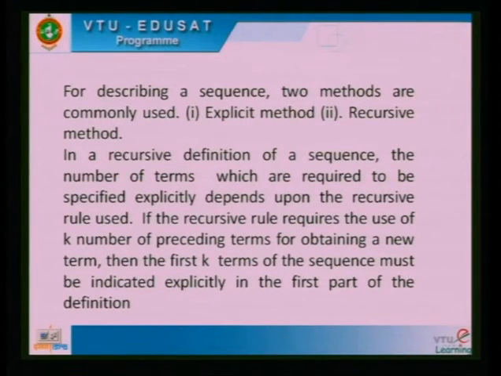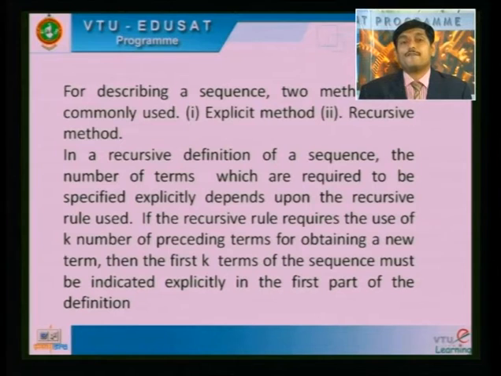For describing a sequence, two methods are commonly used. One is the explicit method, another is the recursive method. Here we are concentrating on recursive methods. In a recursive definition of a sequence, the number of terms which are required to be specified explicitly depends upon the recursive rule used.